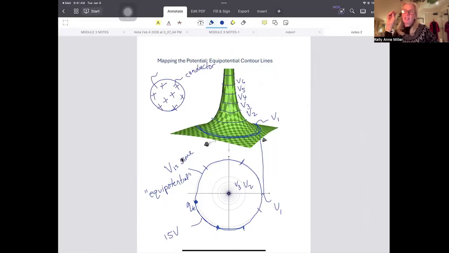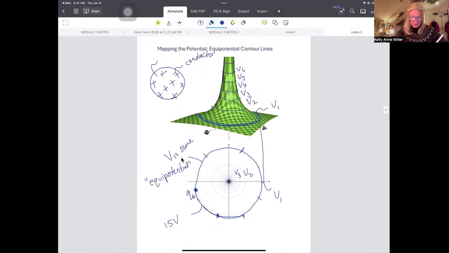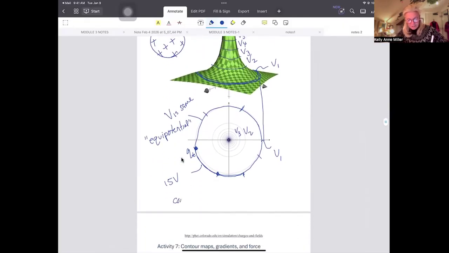So by definition, a conducting surface is an equipotential. Let me write that down here. Conductors are equipotential surfaces.